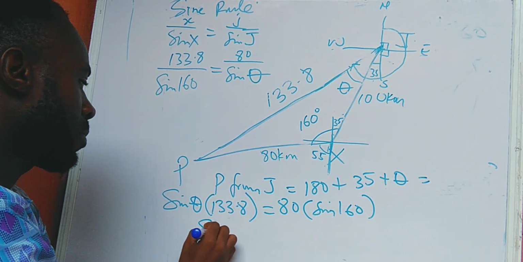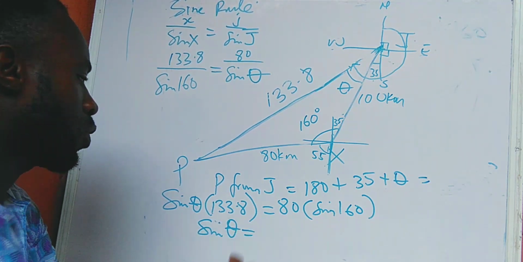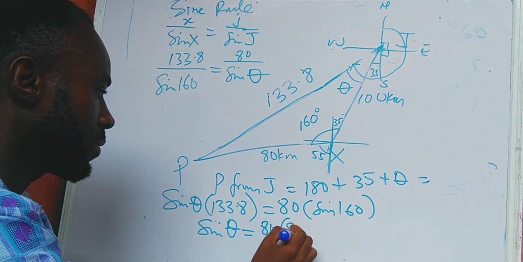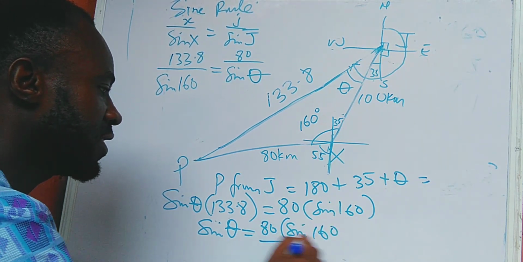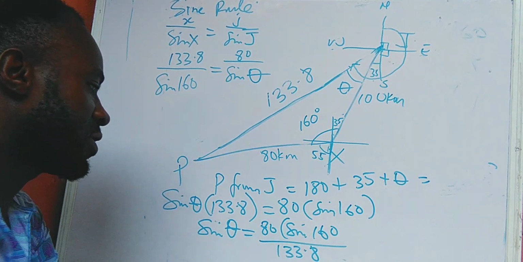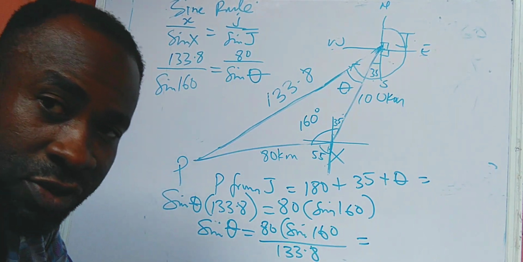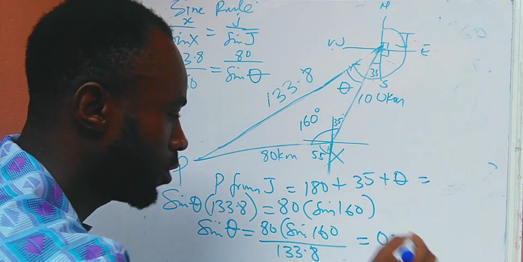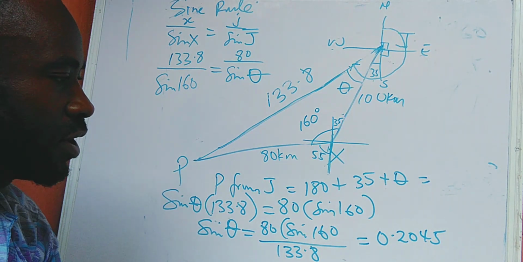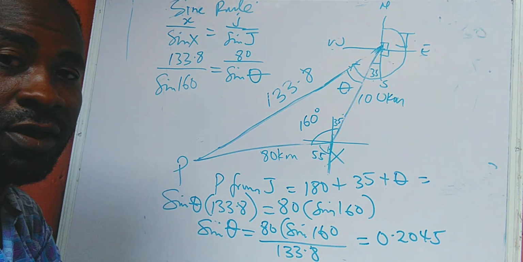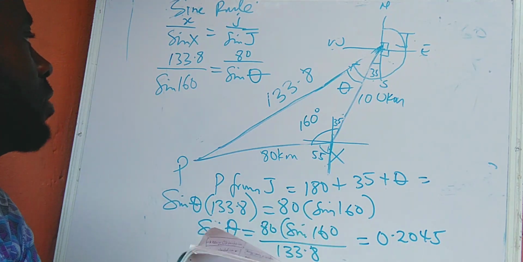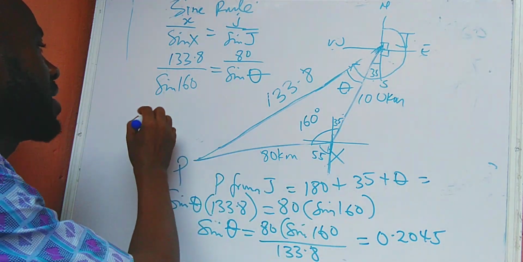And then from here, sine theta is equal to 80 sine 160 divided by 133.8. If you use your calculator on this, it is going to give us 0.20445. Okay, so that's my sine theta. I don't know if you can see this part, maybe I should write it here. So my sine theta is this.